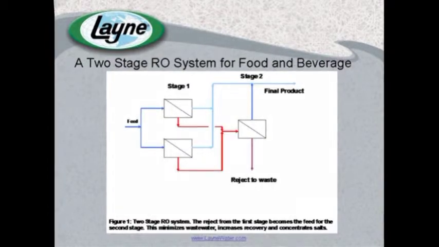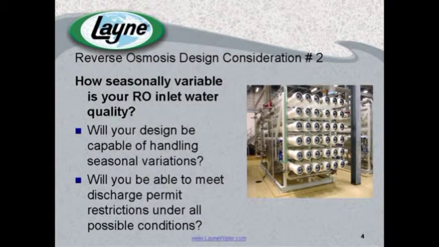So design consideration number two, you really need to look at how seasonally variable your water quality is, or your RO inlet quality is. It could be that you're using a surface water, it could be you're using well water, or again some sort of process.